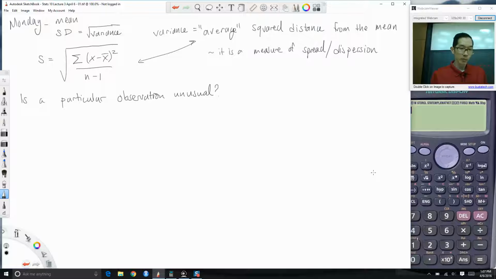Well, we have to think of what is quote-unquote usual or what is typical, and one way to think of what is usual or typical is to use the mean, okay?